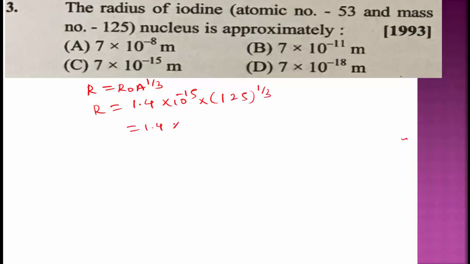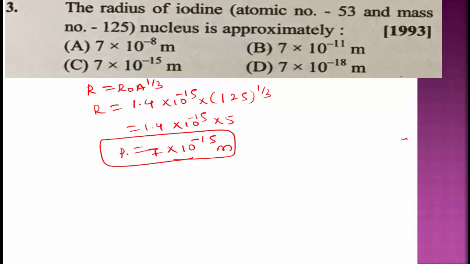We get 1.4 into 10 to the power of minus 15 into 125 whole to the power of 1 by 3. 125 is 5 into 5 into 5, so we get the answer 5. Now 5 into 1.4 is 7. Finally, we get the answer, it is nearly 7 into 10 to the power of minus 15 meter.